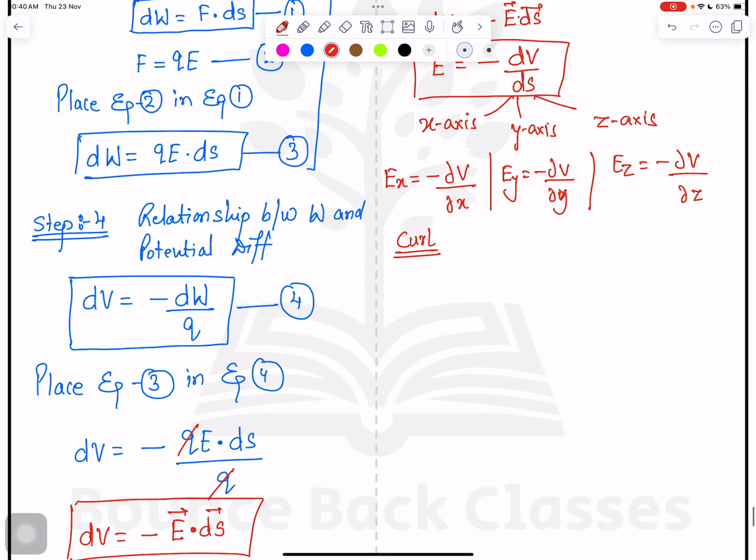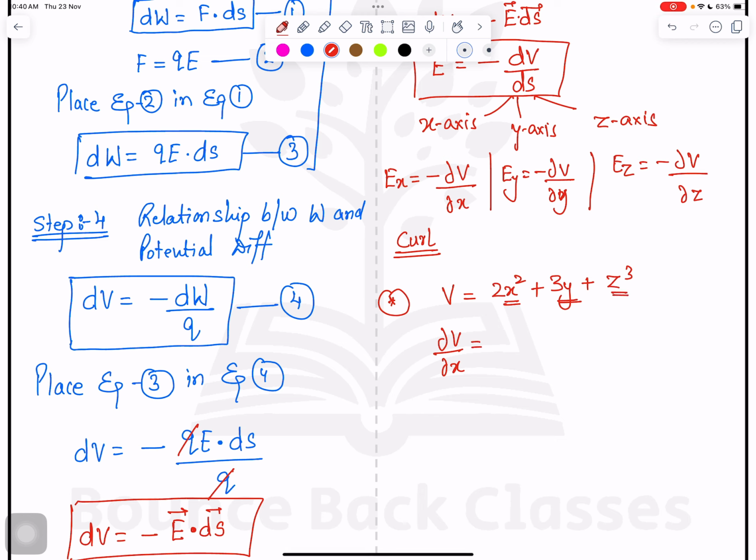I'll give you a simple example. Let's say V is equal to 2x square plus 3y plus z cube. When you are solving the partial derivative, only that variable will work. When you solve curl V over curl x, you solve only for x, and y and z become constant.